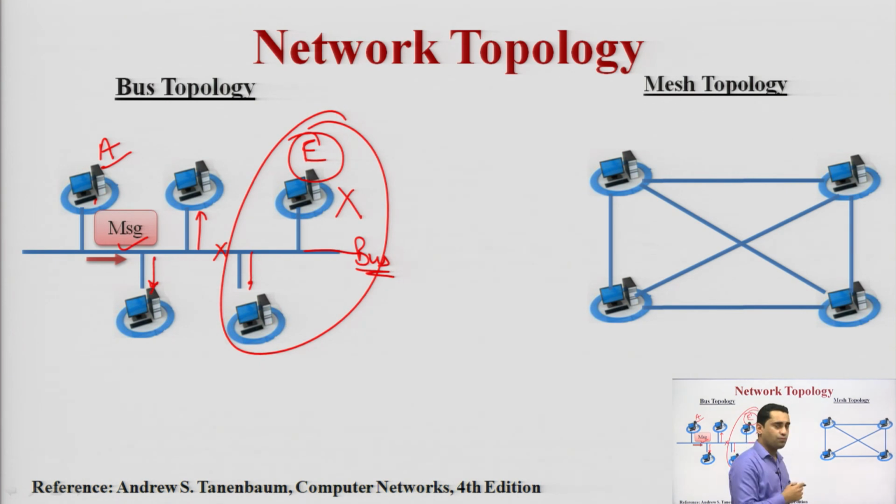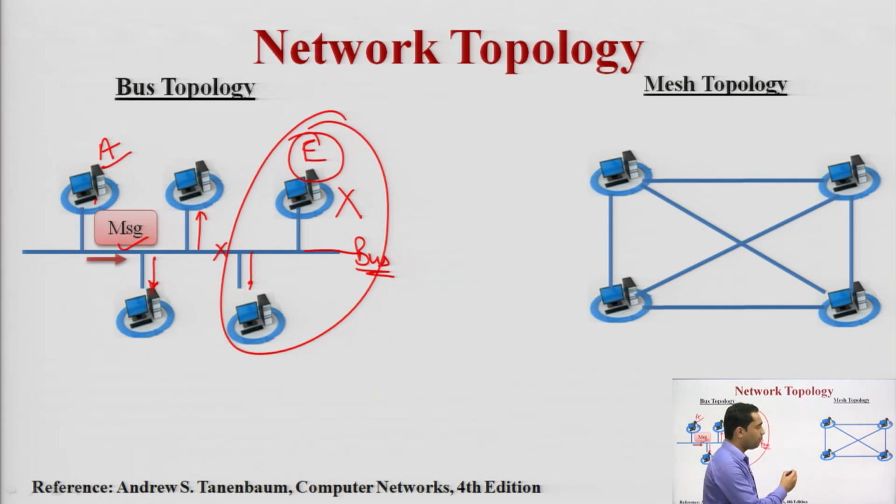Next one is the mesh. Mesh is generally used where we want to send the packet to each and every node, and when we are concerned about node failure or a particular link failure. In this case the network is least disturbed because each and every node is connected to every other node. Mesh topology is of two types, partial and complete.